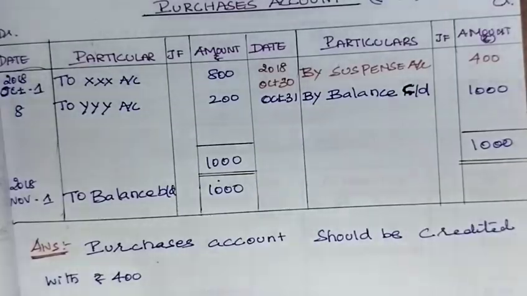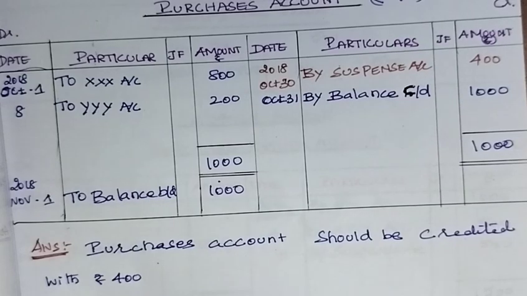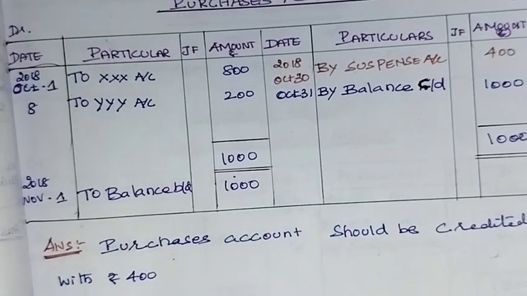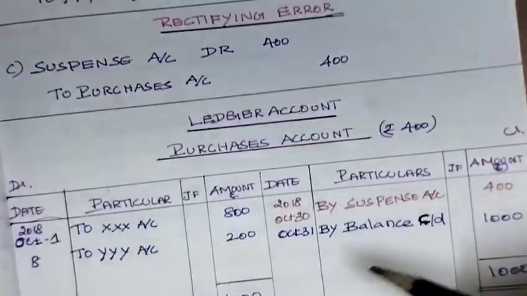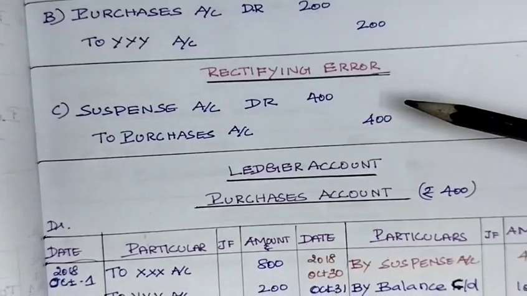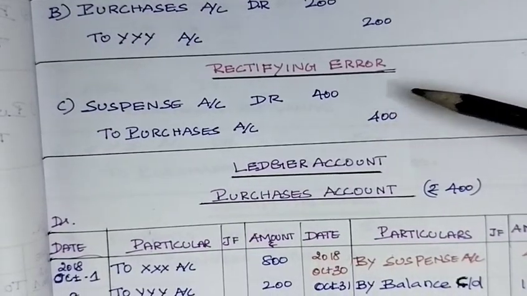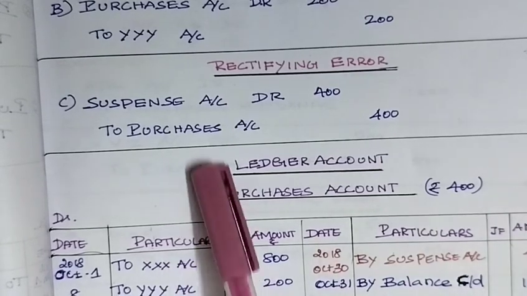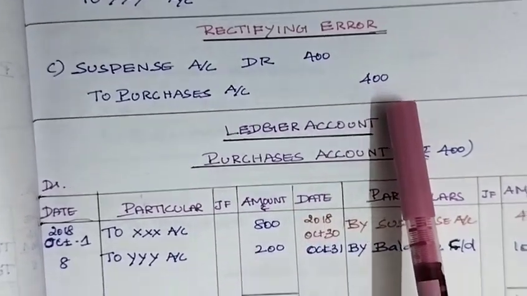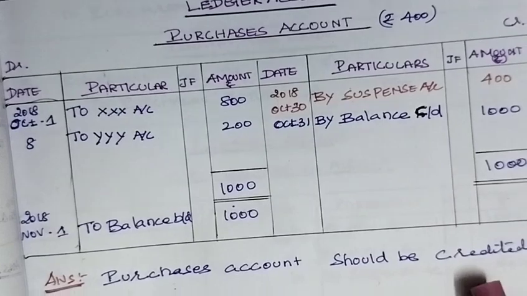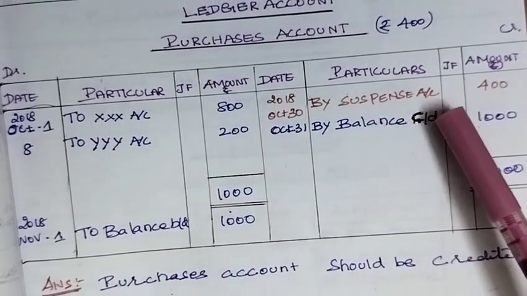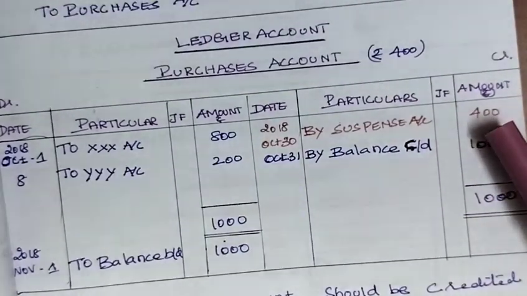Listen here. Purchases book is over cost. What is the answer? Purchases account should be credited with 400 rupees. This is the answer, right? Credited means to rectify that error. Purchases account credited. Listen, we need to, for over cost, how do we rectify it?